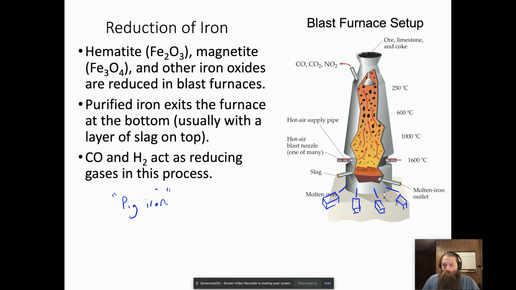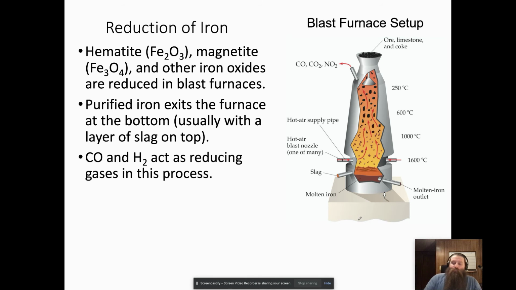There we go. Okay, and people thought this was like the sow, and these were the piglets, and it looked like they were suckling right at the sow. So the iron would flow out and fill up these iron molds, and that would become the pigs. Cast iron ingots were called pigs, and so we get pig iron. So if you ever see pig iron, now you know where it comes from, right?